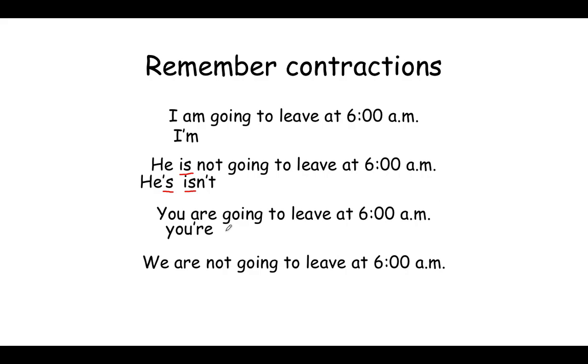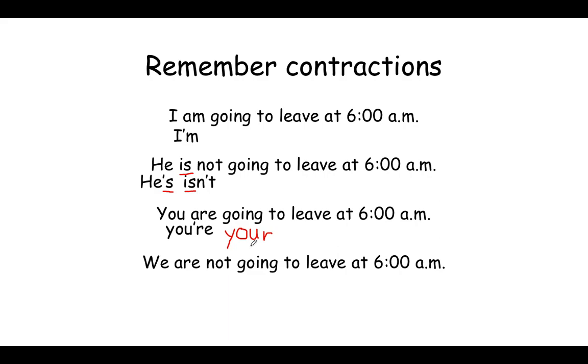If you said, why, let me write this slowly so it doesn't look so bad. Y-O-U-R. If you said your, people listening can't tell the difference between you're and your. They sound the same. But you'll see that the written one, this one means you are, and this one, your, means a possessive.